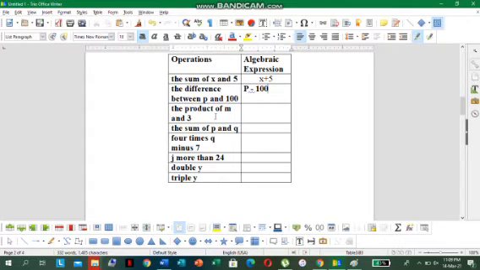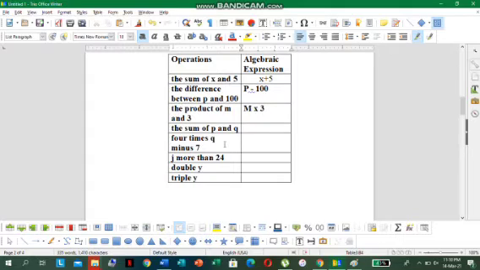Next one, the product of m and 3, and we know that product in mathematics means to multiply, right? So it would be m times 3. So m multiplied by 3. So the product of m and 3 would be m times 3.